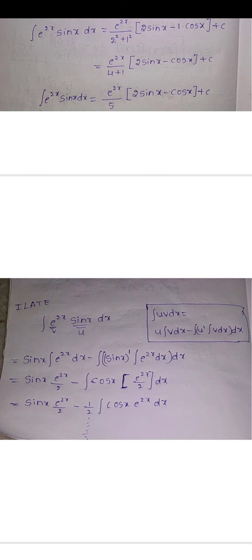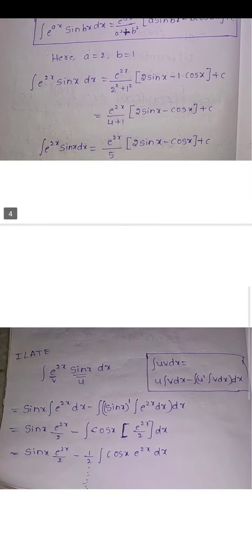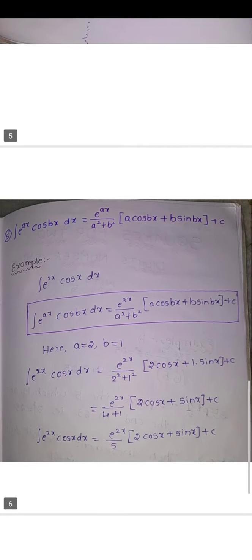When we solve this, again it will come as two functions. So it will go on continuously, there is no termination. So we won't use the ILATE rule here. We will use only this formula. So remember this formula. We won't use the ILATE rule because it goes on continuously. We want to integrate, so we use this formula. Next we will go to another formula.